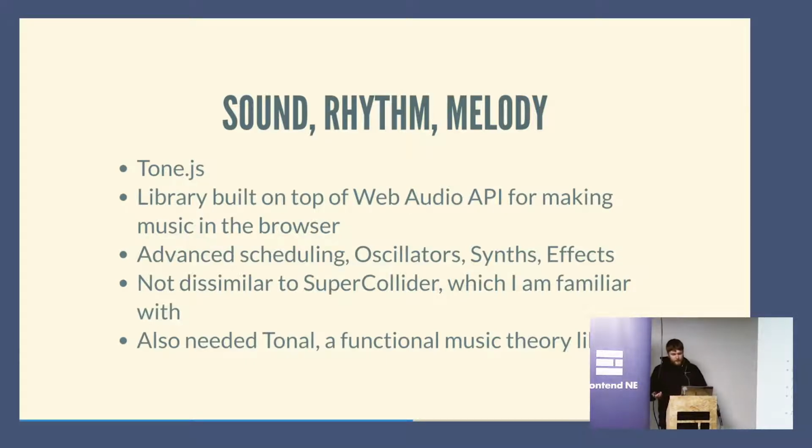So I use a library called Tonal, by a guy called Dan Ibg, which is a functional music theory library that would allow me to take these numbers or indices and turn them into a set of note names that could be used by Tone.js. My background in music helped with decoding a bit of that, for want of a better word.